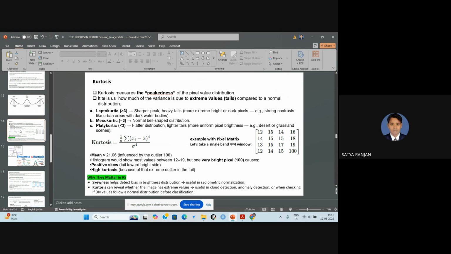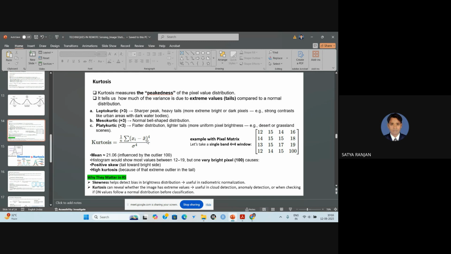That is, the first is greater than 3, the second is equal to 3, and the last is less than 3. These are like skewness, but in one area. This is the formula.